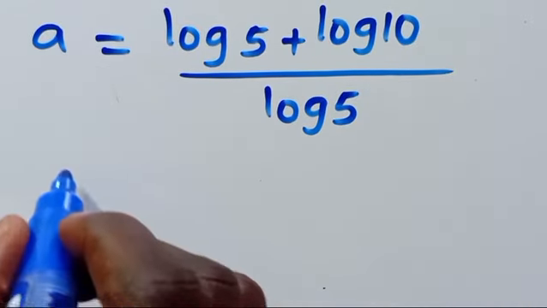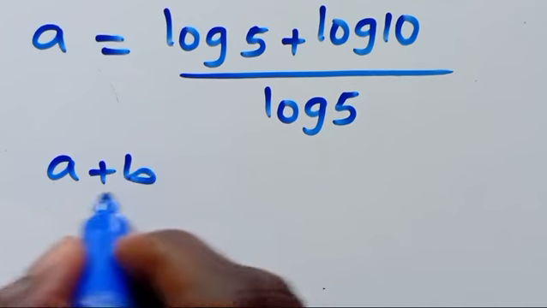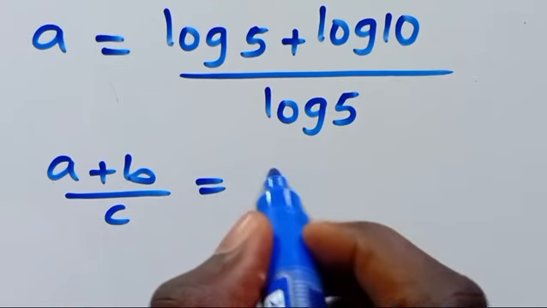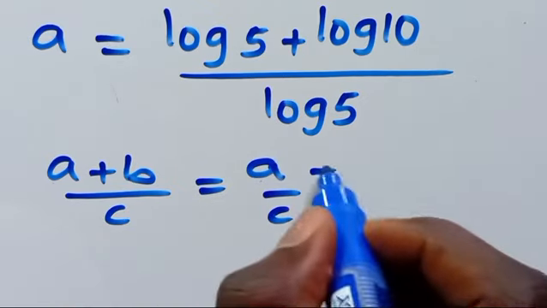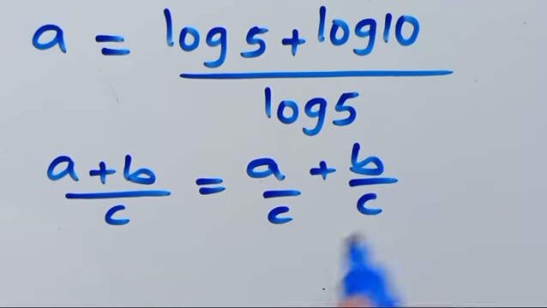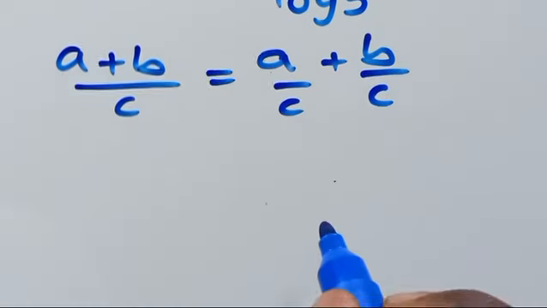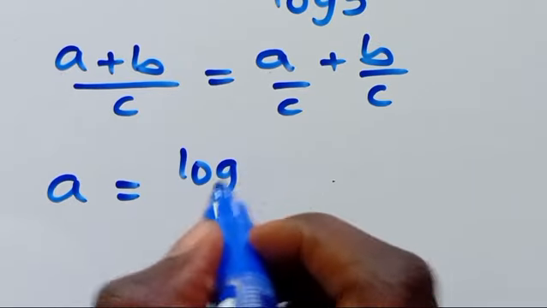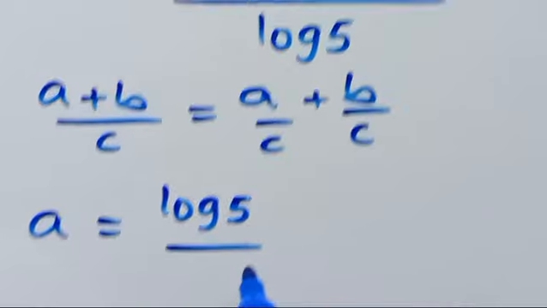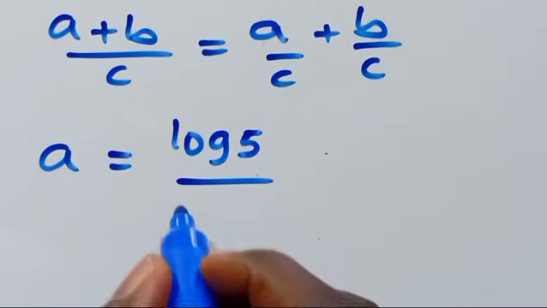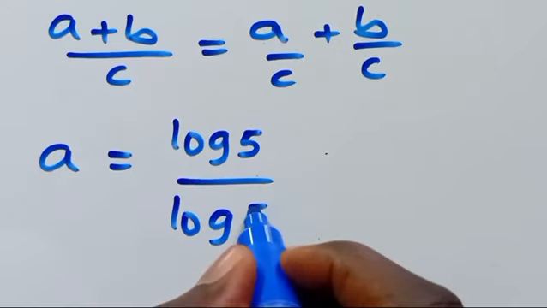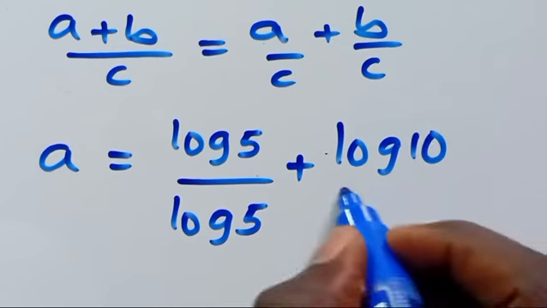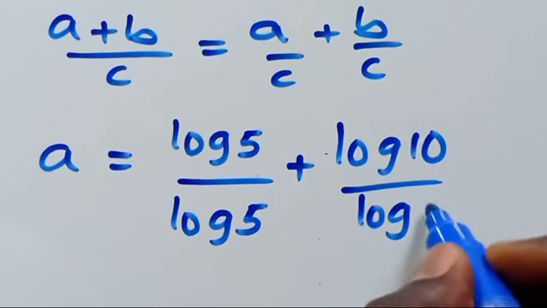And let us recall that when we have a plus b divided by c such that a, b, and c are constants, we can have this as a divided by c plus b divided by c. Let's apply it here. We are going to have a equals log 5 divided by this log 5 plus log 10 divided by this log 5.